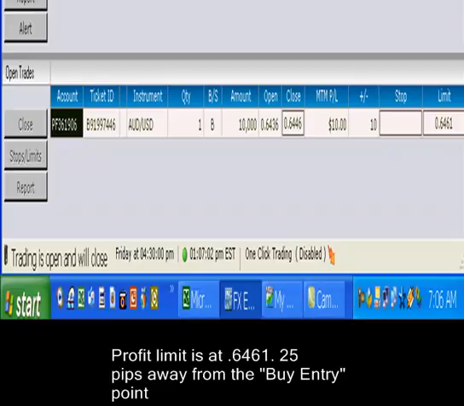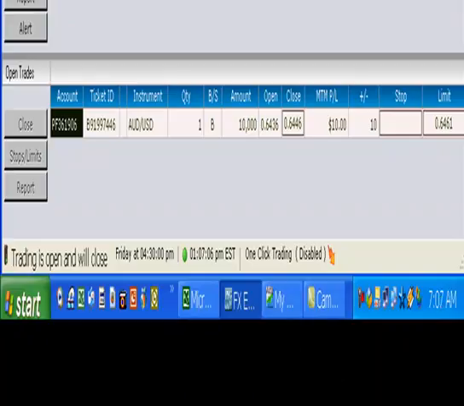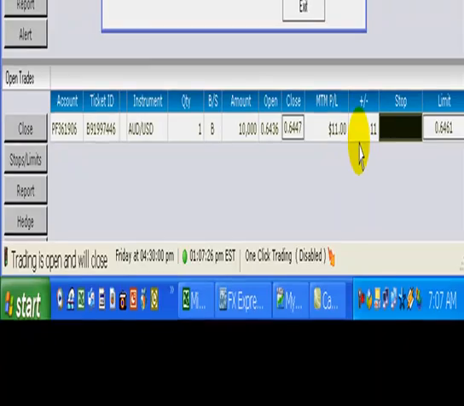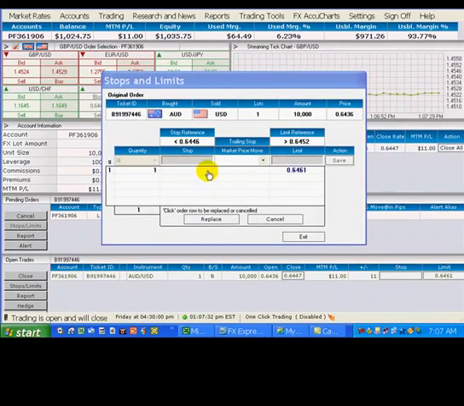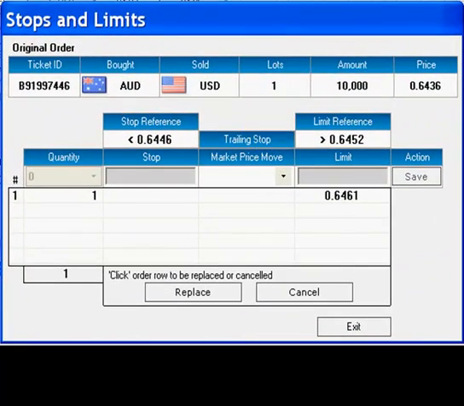Oops, wrong bar over here, sorry. So at the moment we're 10 points up on our trade, you can see down here. We're 11 points up. So our stop is going to be at 63.48.